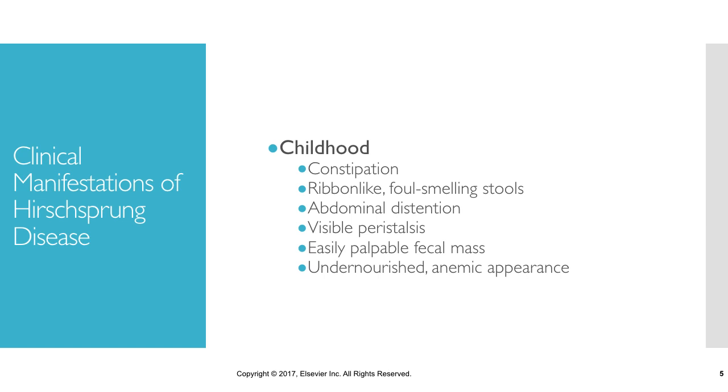In childhood, we see constipation, ribbon-like, foul-smelling stools, so very thin stools, abdominal distension, visible peristalsis, and an easily palpable fecal mass in that portion of the bowel.